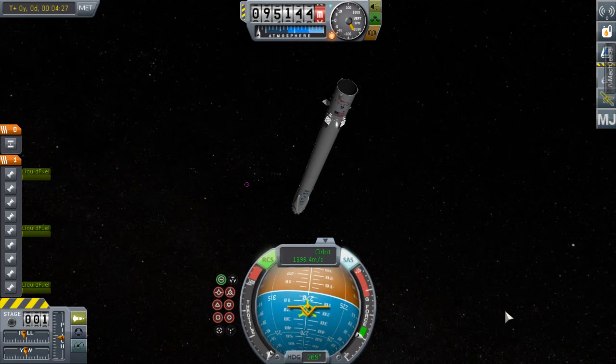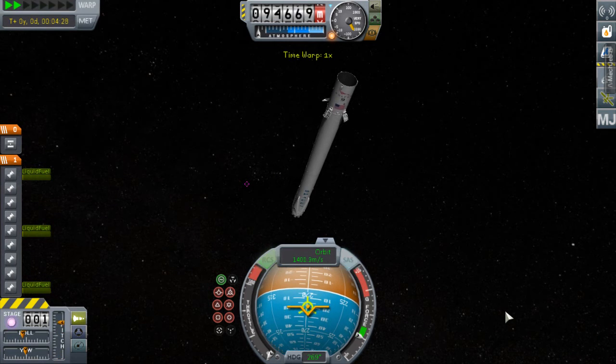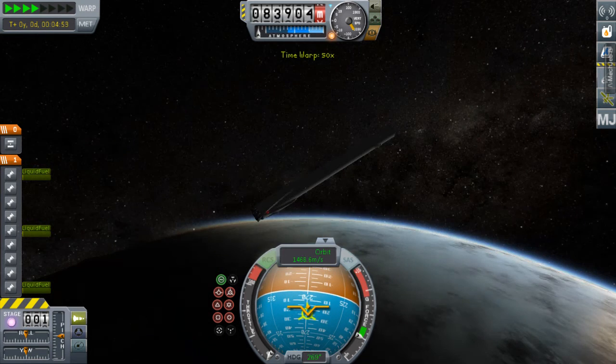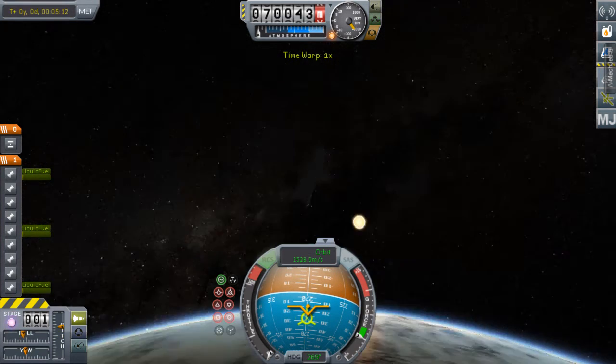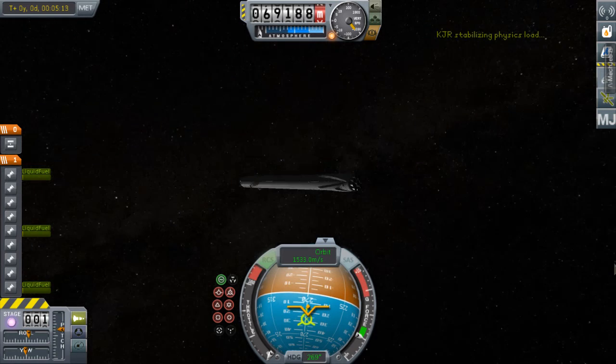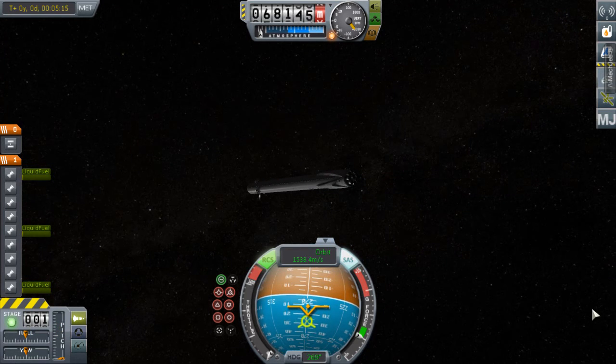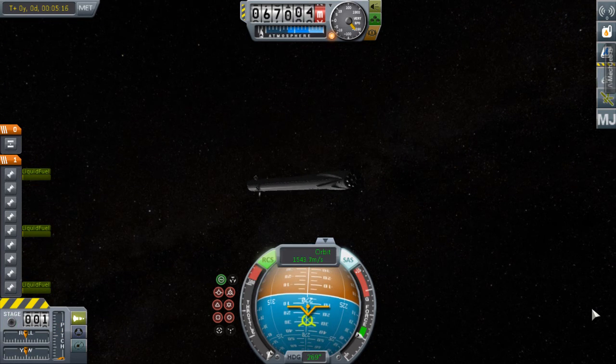Beginning retro vector orientation. Standing by for atmospheric entry. And we have atmospheric entry ballistic phase.